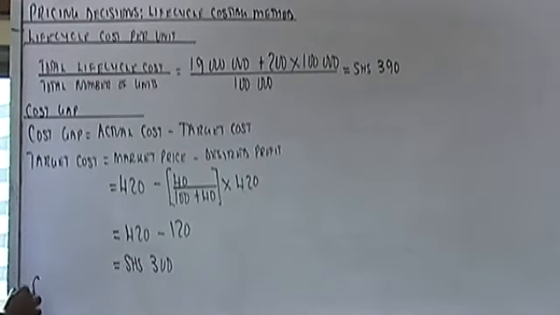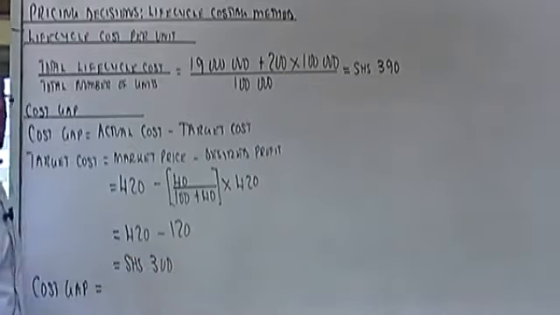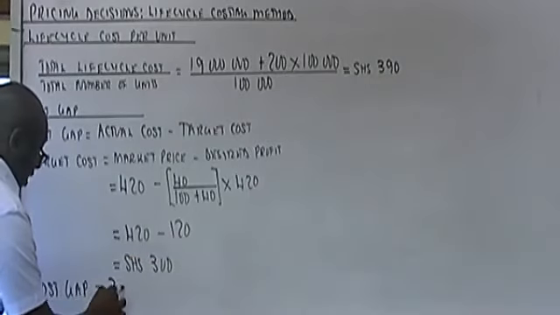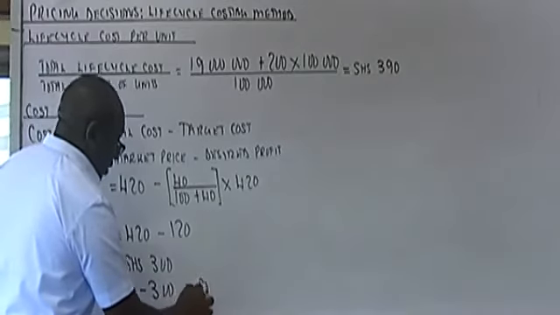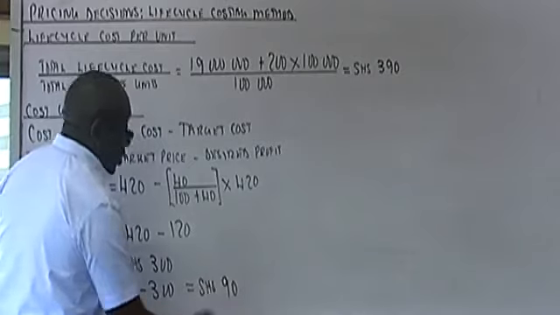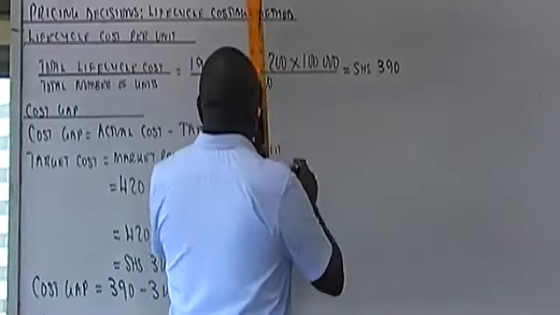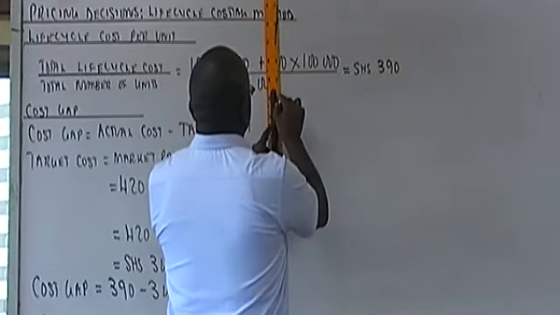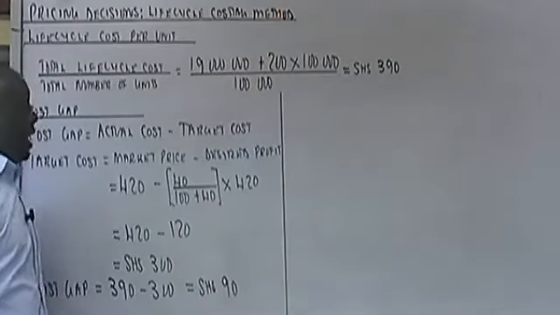And therefore, we can comfortably say that our cost gap is, this cost we had gotten earlier, this one is our actual cost. So it is 390 minus 300. That means that our cost gap is 90 shillings.